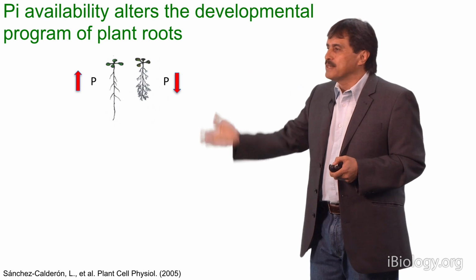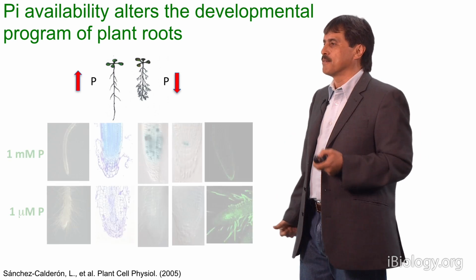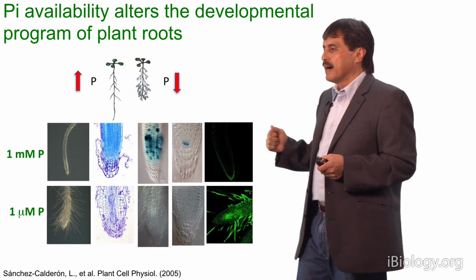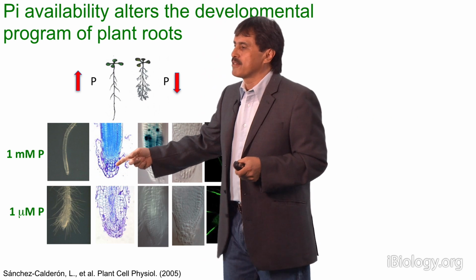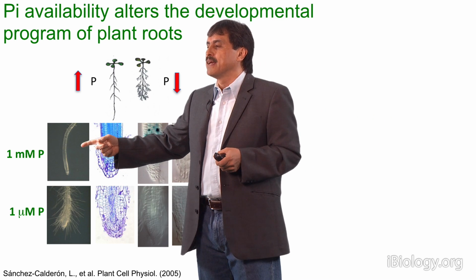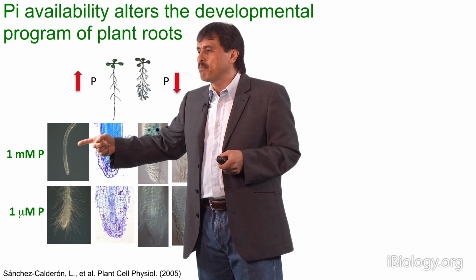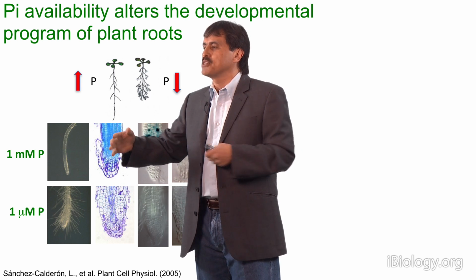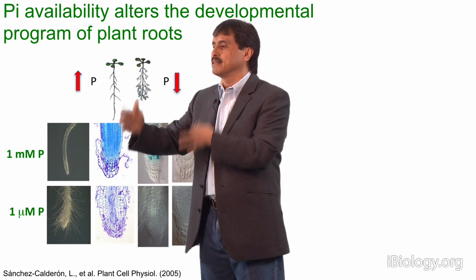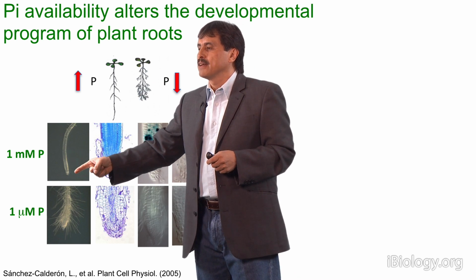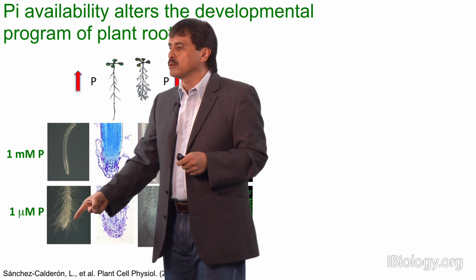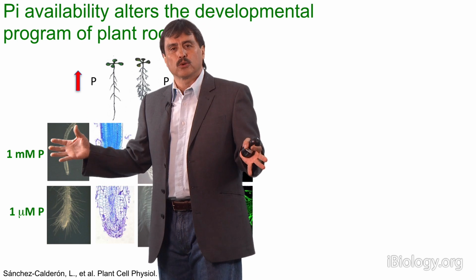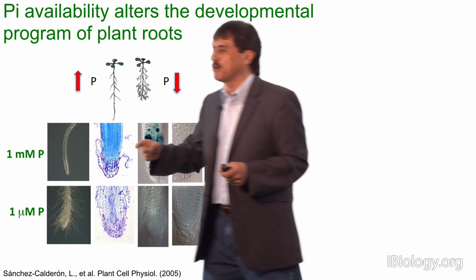So how is this change activated? In Arabidopsis, my group has done many studies showing that the developmental pattern of growth of the root changes from an indeterminate pattern in which cells keep dividing infinitely to a pattern in which it arrests growth and cells differentiate to become highly specialized in nutrient uptake.